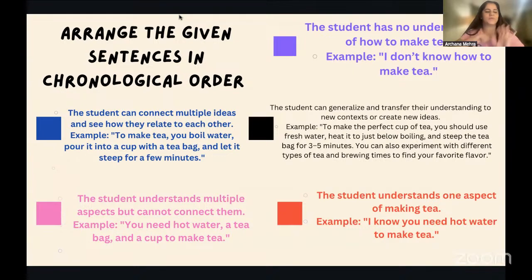This is basically the only quick example I was able to think of, making tea. I am going to give you the exposure of both the ways, using it as SOLO taxonomy and the same in Bloom's taxonomy. And then we will understand the similarity, differences, and what is the purpose of using each one.